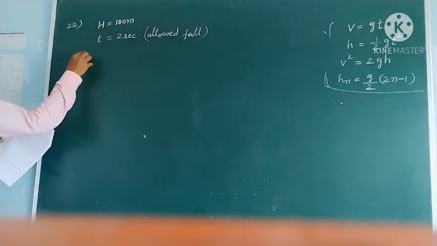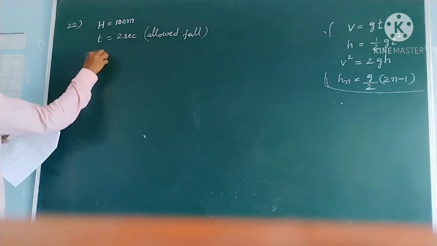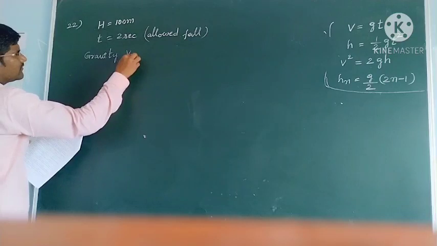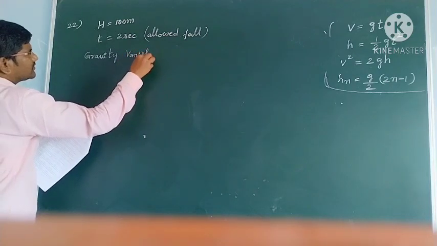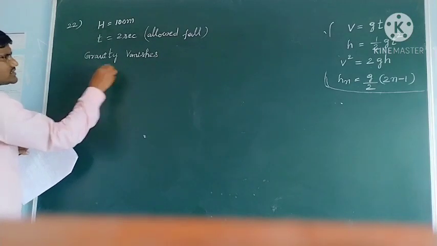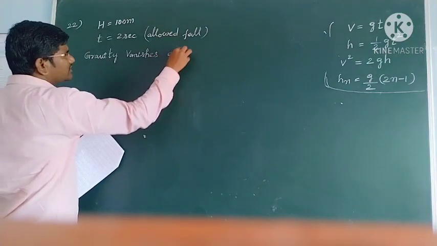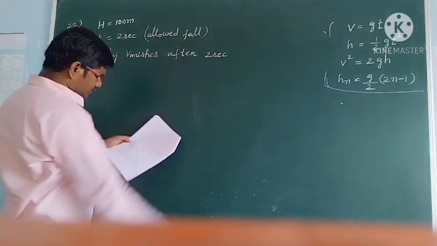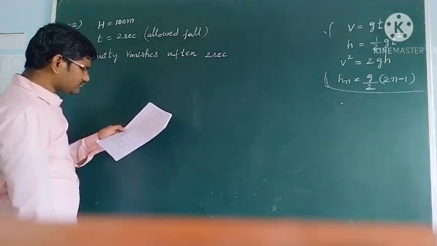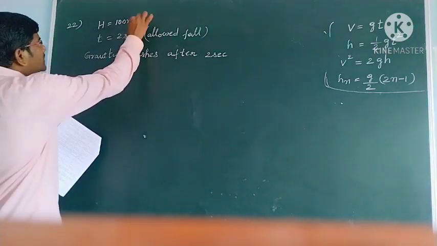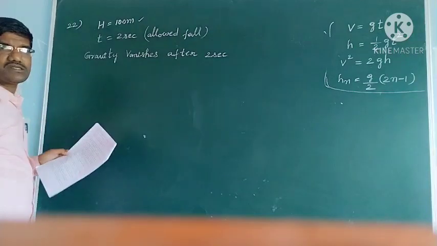So gravity vanishes after 2 seconds, they have given, so this is also given data. For the total time of its fall, they are asking how much time it takes to fall the total 100 meters.